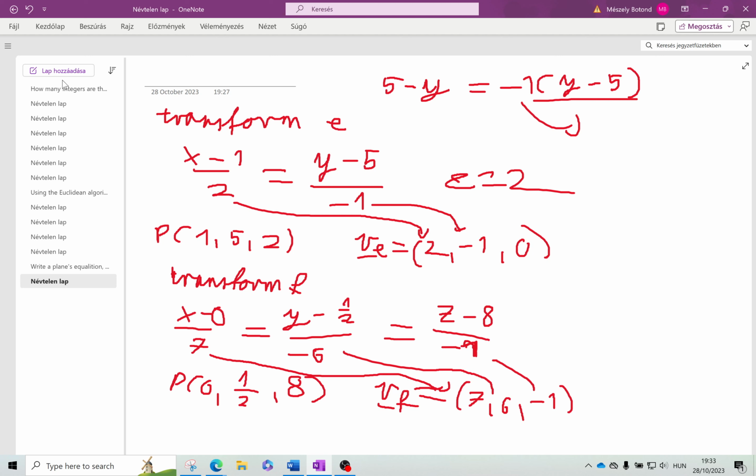So we know that plane H contains A, but not F. What does it mean?